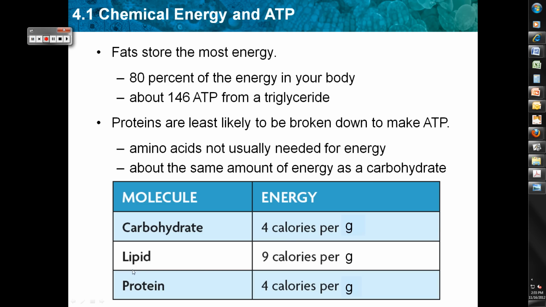Lipids store the most energy, which I think you recall. They have 9 calories per gram. In addition, a triglyceride, which is 3 fatty acids attached to a glycerol, can produce 146 ATP from a single triglyceride, which is why it's so hard to get rid of the fat in your body, because every single fat molecule has so much energy.